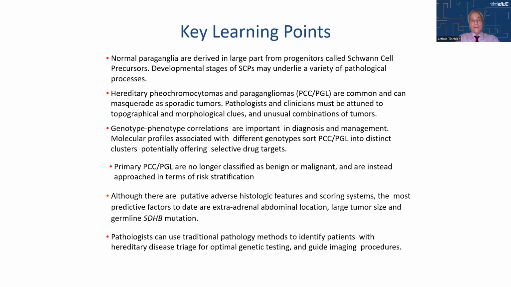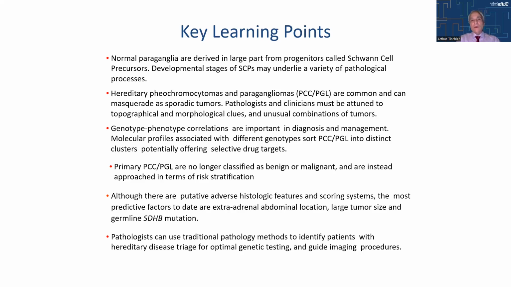Primary pheochromocytomas and paragangliomas are no longer classified as benign or malignant and are instead approached in terms of risk stratification. And although there are putative adverse histologic features and scoring systems, the most predictive factors to date are still extra-adrenal abdominal location, large tumor size, and germline SDHB mutation.